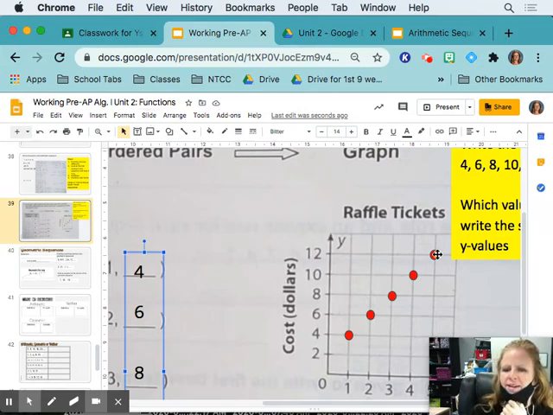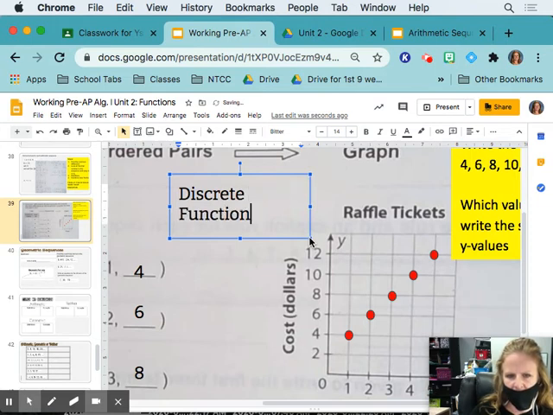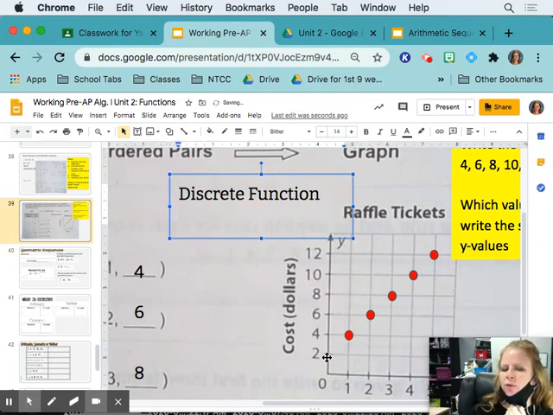Okay, so what kind of function is this? Okay, so discrete function, because you're not going to buy parts of it, right? Parts of a ticket. And then if we were, or look at the points, how do they line up? Yeah, so it's also linear.